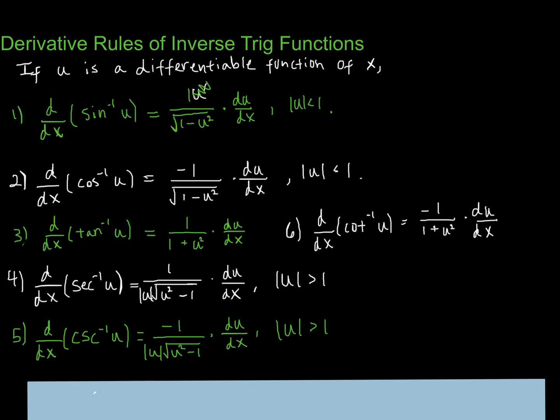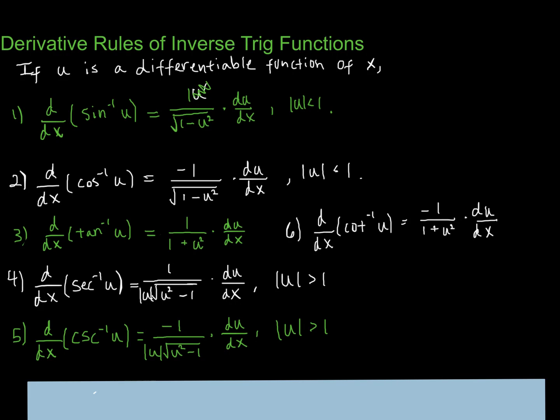Inverse cosine and inverse cosecant both start with c, so they both have a negative. Remember, the reciprocal of sine is not secant. The reciprocal of sine of x is cosecant. But this is an easy way to remember these sort of confusing derivative rules. Make sure you write these down.